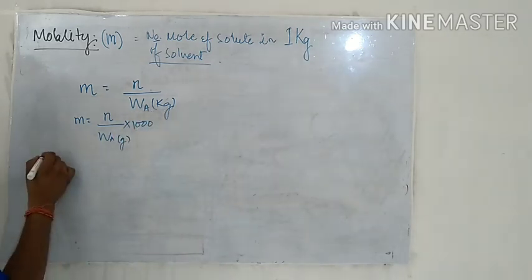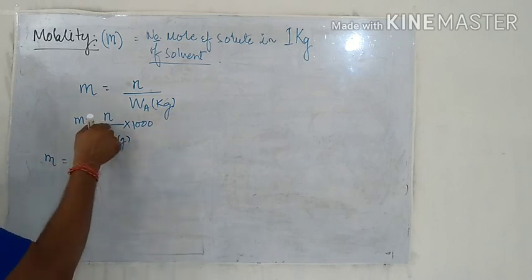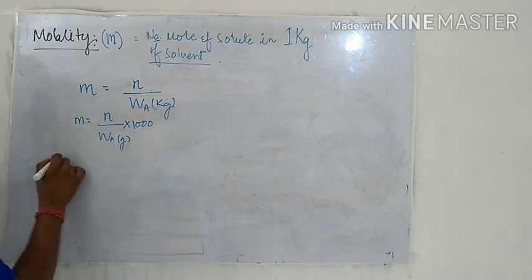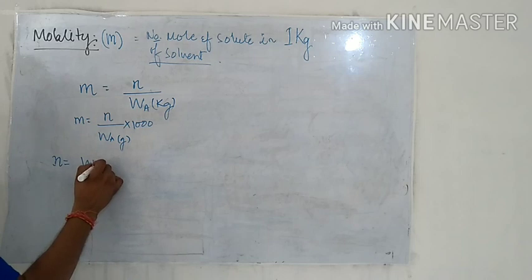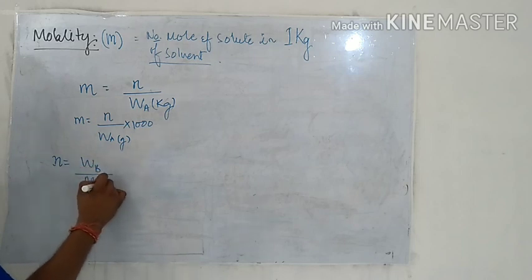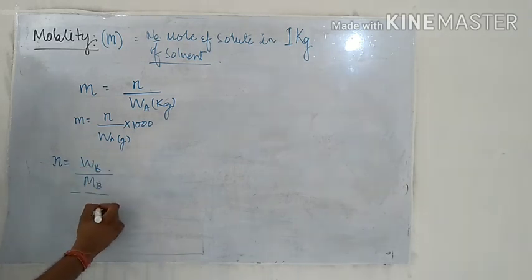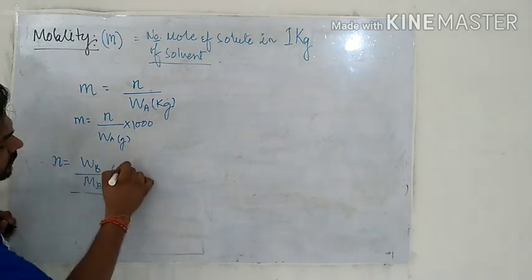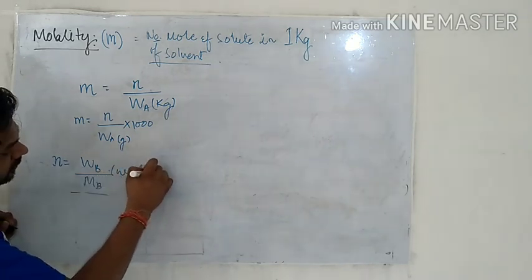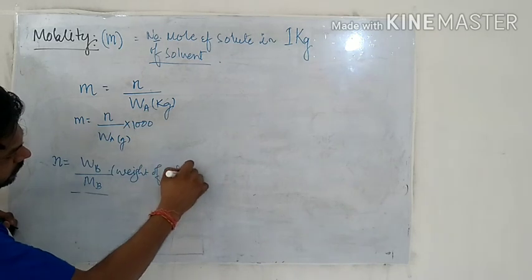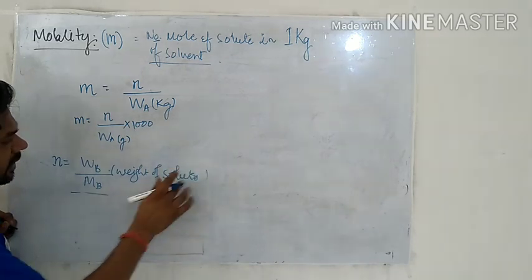Molality again can be written as, because we know that number of moles is weight of solute over molecular weight of solute.